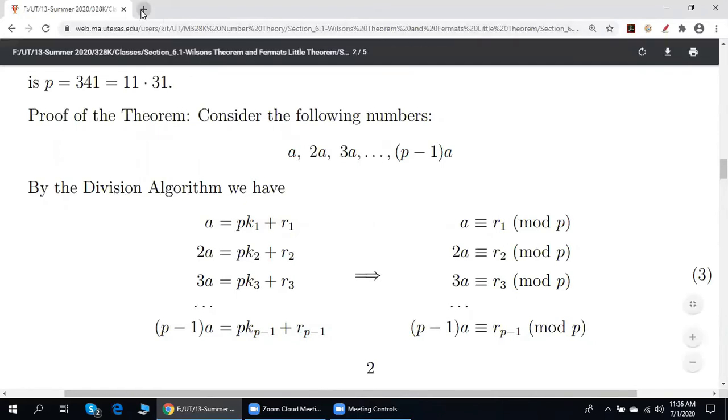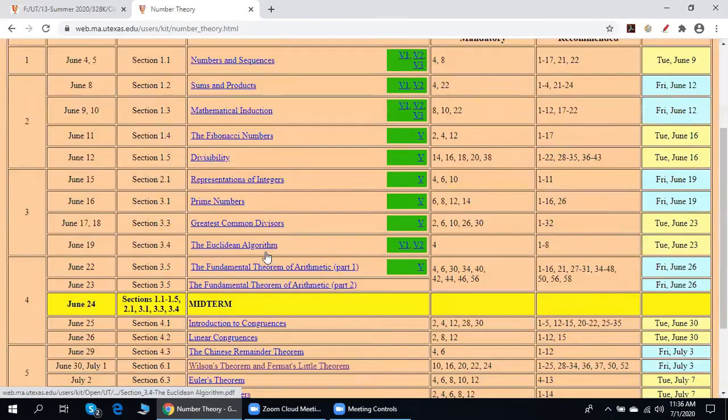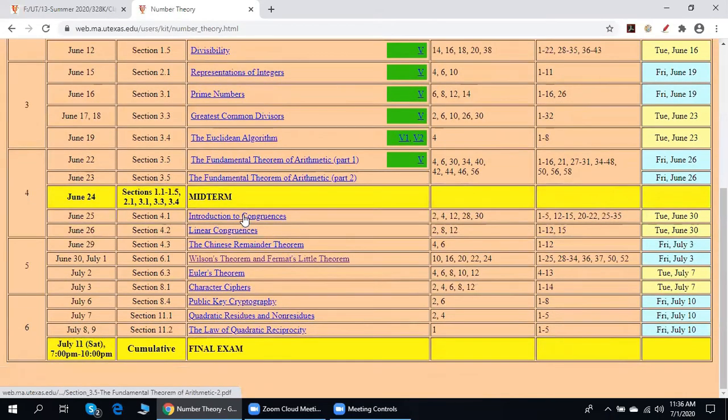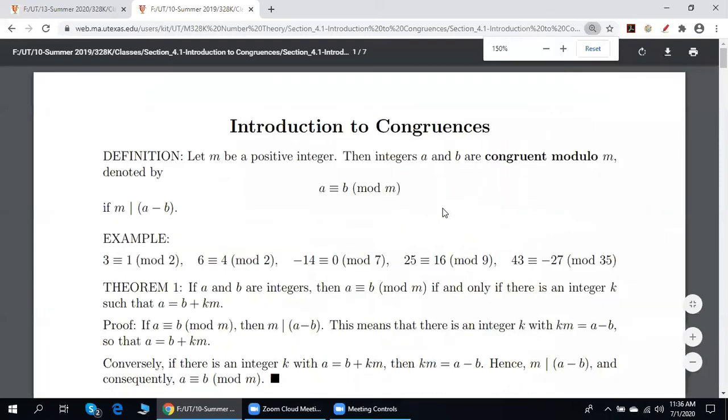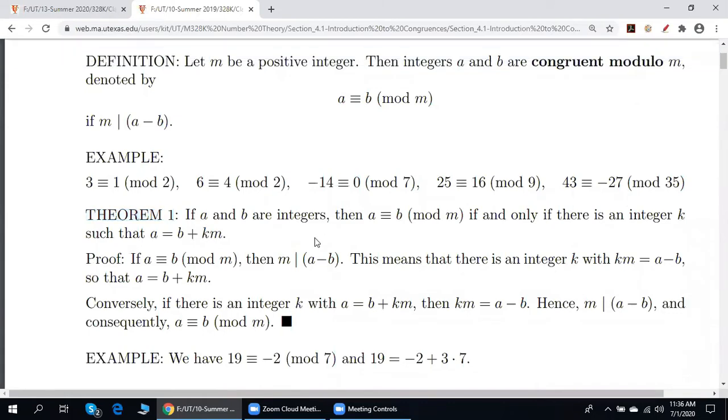Here's what we do next. Let us go back to one of our previous sections, Introduction to Congruences. Please take a look at Theorem 1. Theorem 1 says the following. A is congruent to B modulo M if and only if there is an integer k such that A is equal to B plus km.